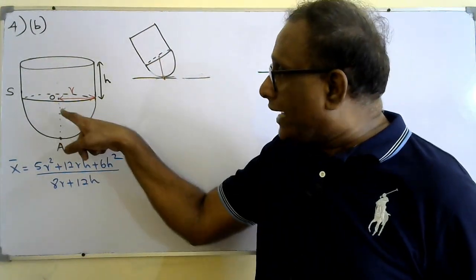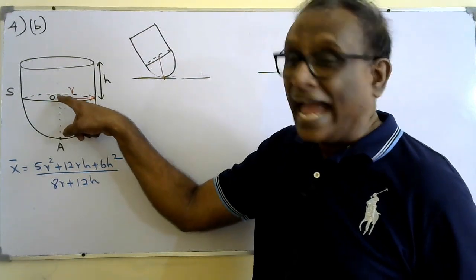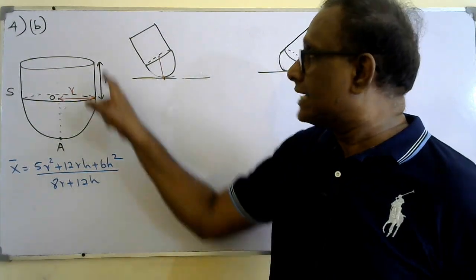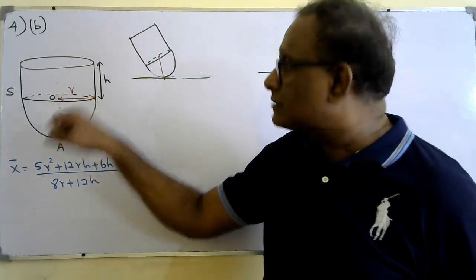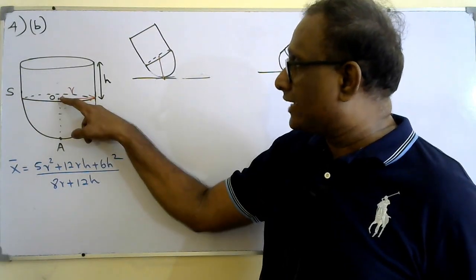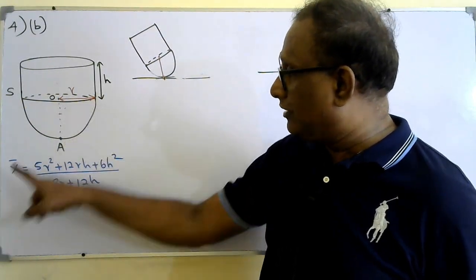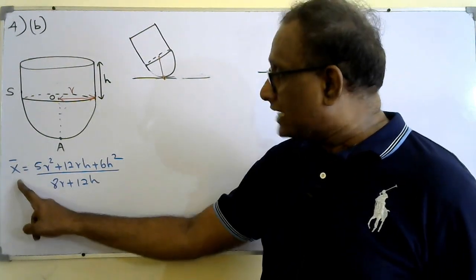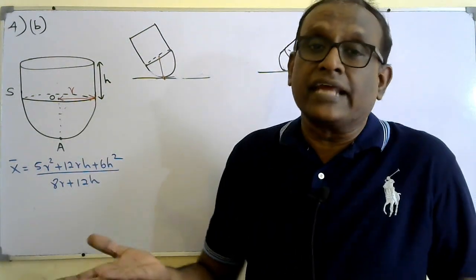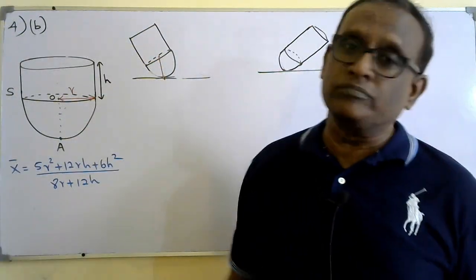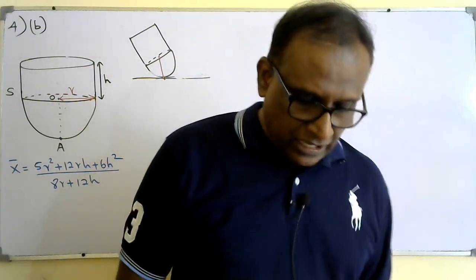That means the weight must act at O, means the center of mass of S must be at O. From A we found an expression for the center of mass, X bar. X bar must be equal to the radius of the hemisphere, because the center of mass must be at O. Simple.